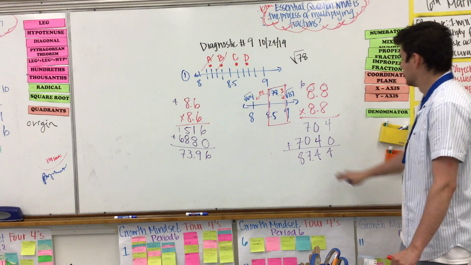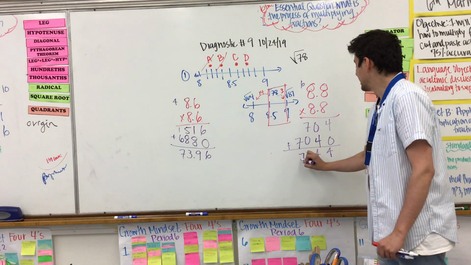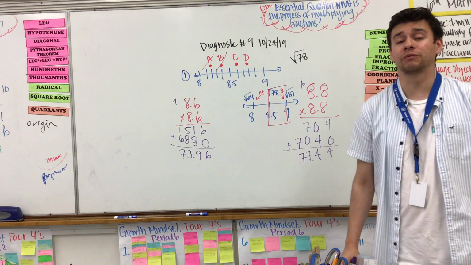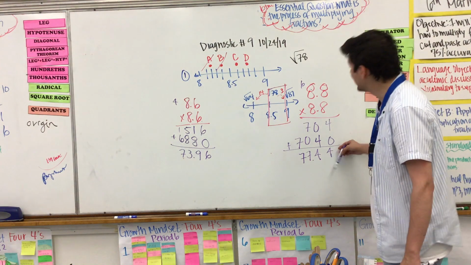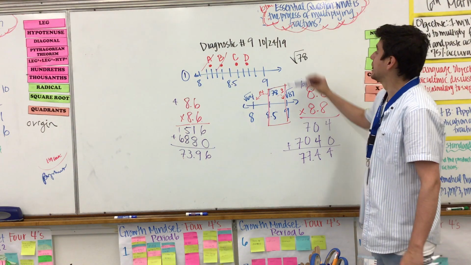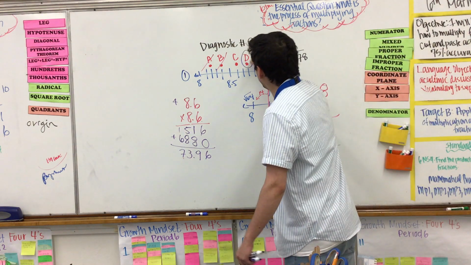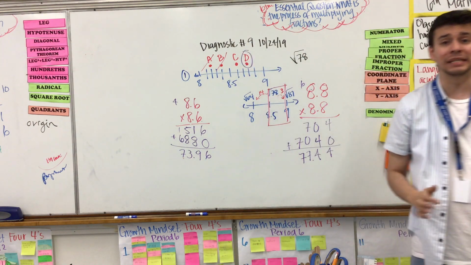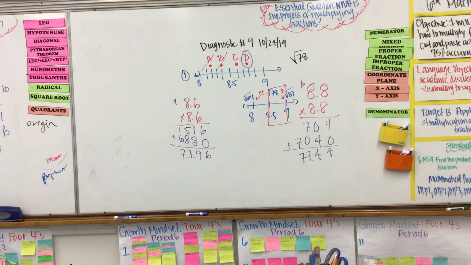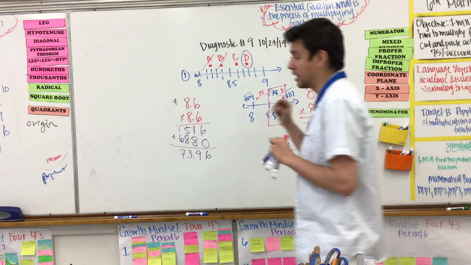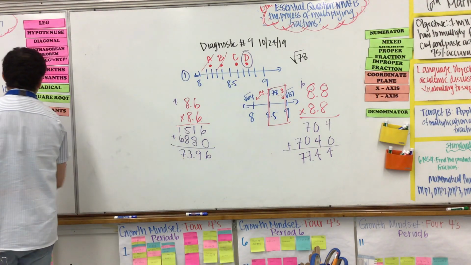Whoa, I made a mistake. That should be a 7. 77.44. Clearly, that one is way closer to 78, and therefore, the answer for that one was letter D. I just showed you that I am using my answer choices to solve the given problem. And that's how you do number 1.